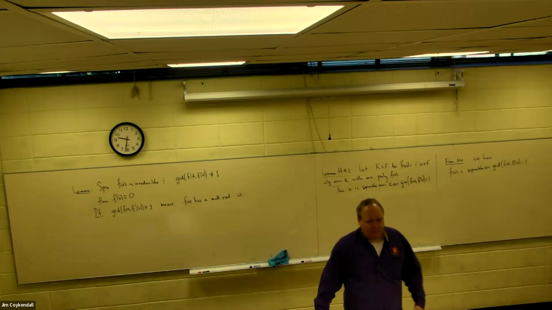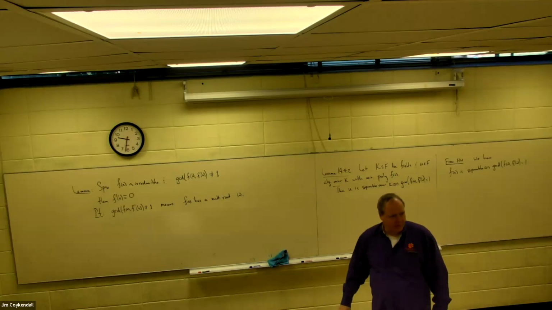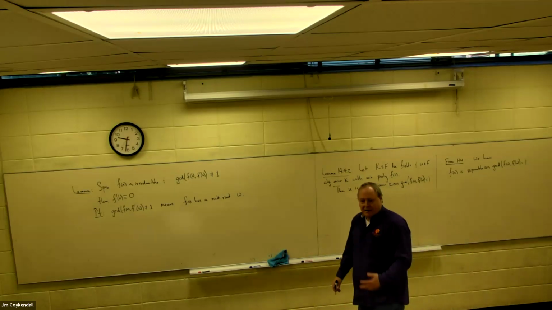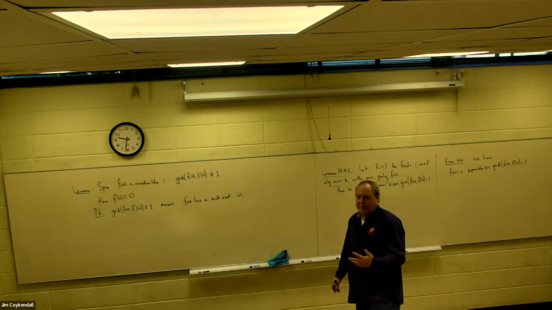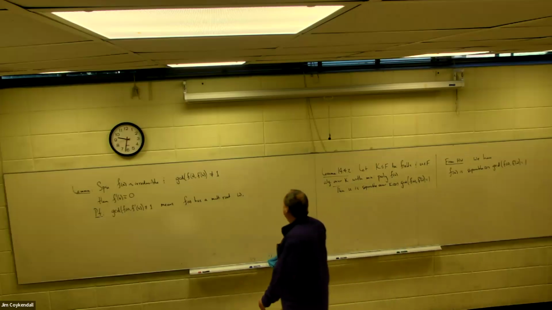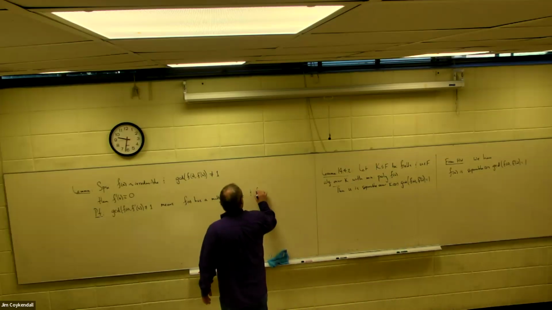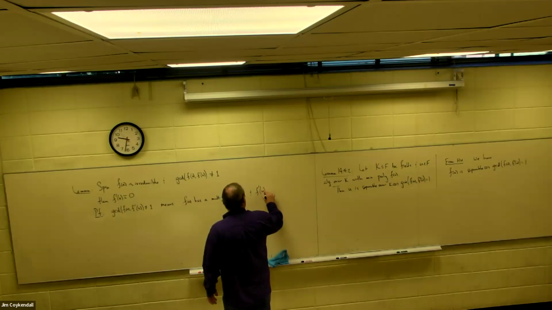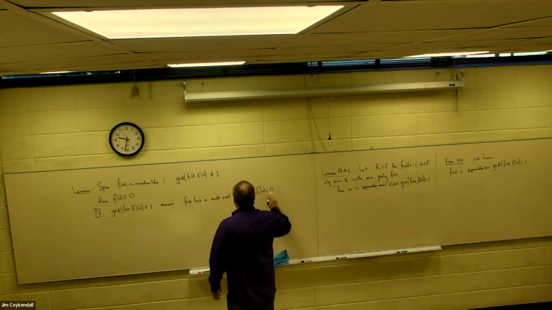That's from your homework. And in fact, you probably proved in your homework that this multiple root is also a root of the derivative. So f has a multiple root omega, and f'(omega) is also zero.